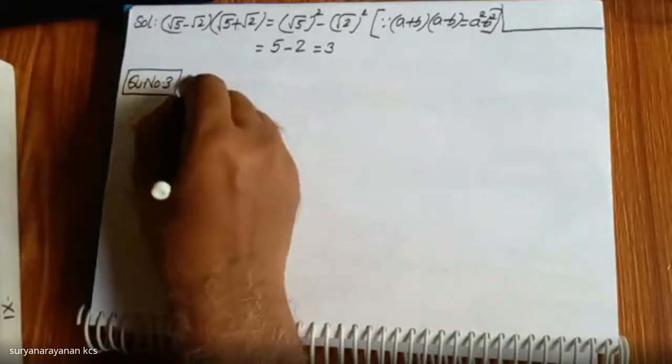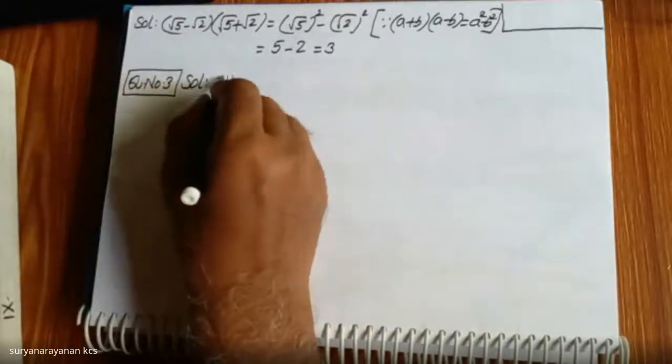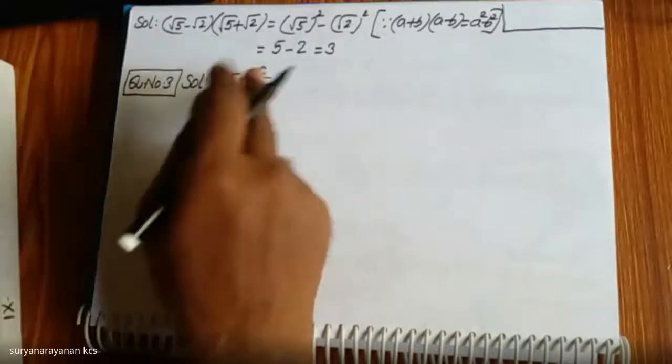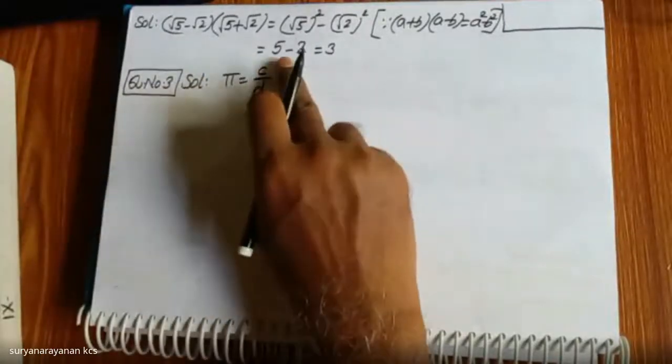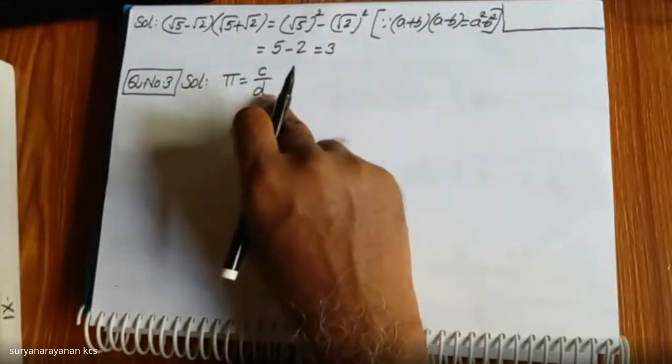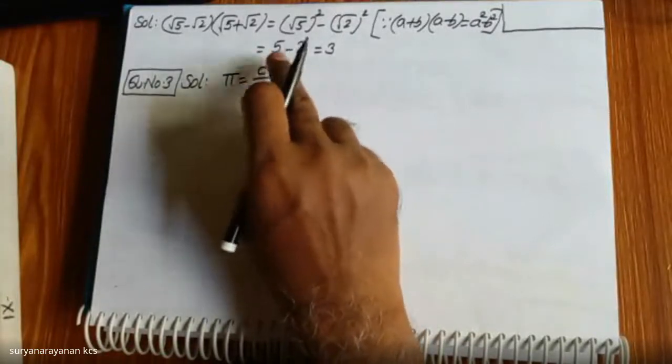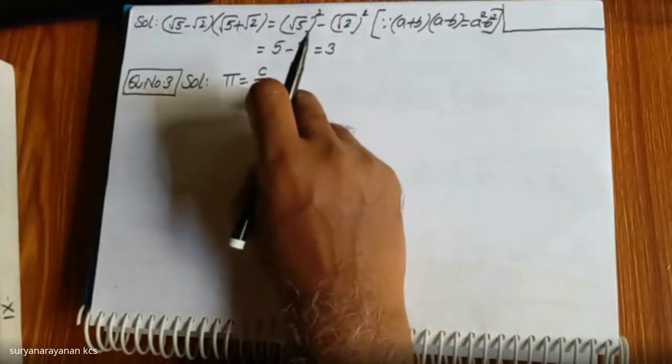If you see this, pi is equal to C by D. If you observe this number, it is in the form of P by Q. Yes or no? If a number is written in the form of P by Q, where P and Q are integers and Q is not equal to 0, what is the number called?